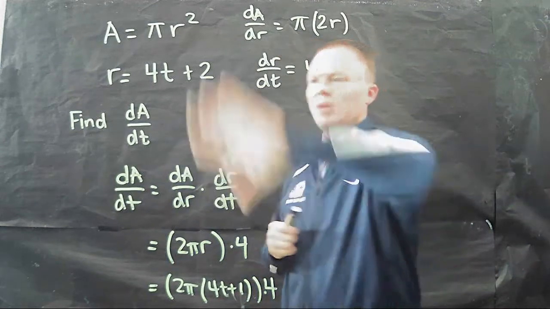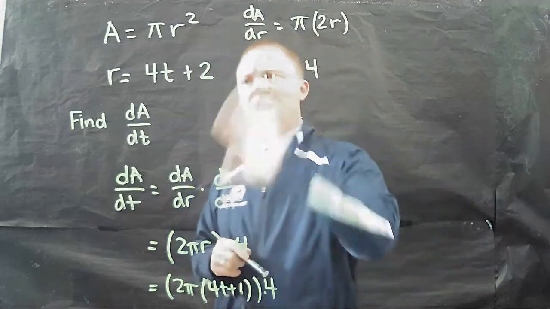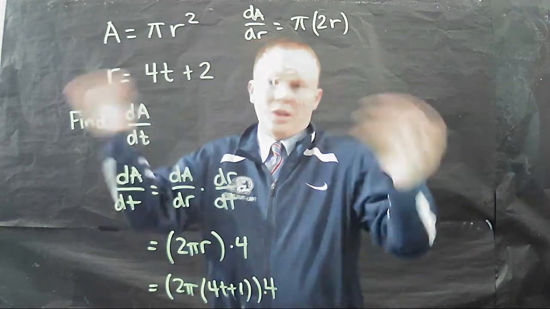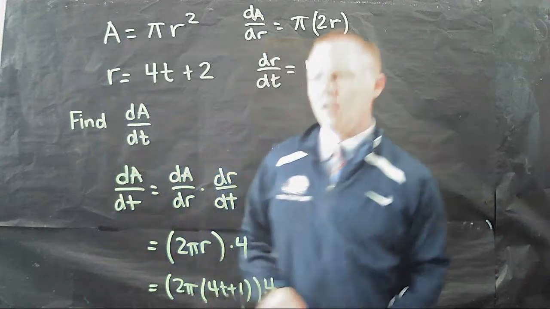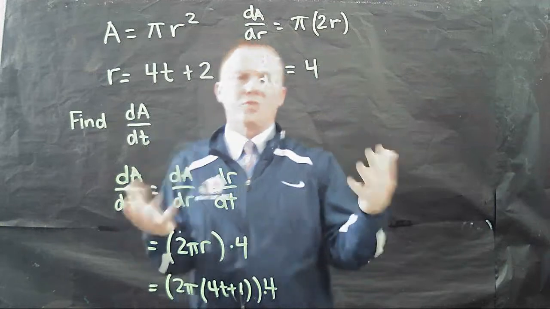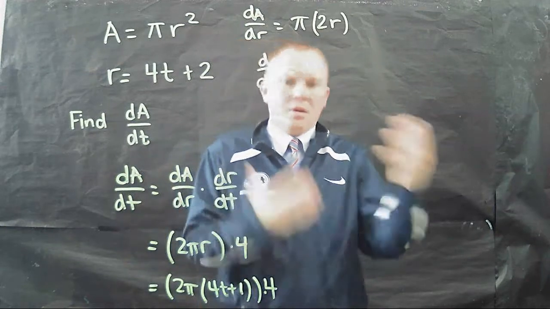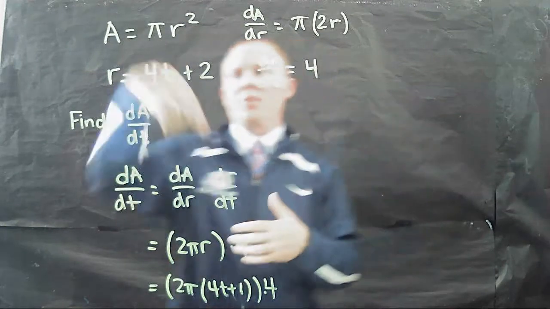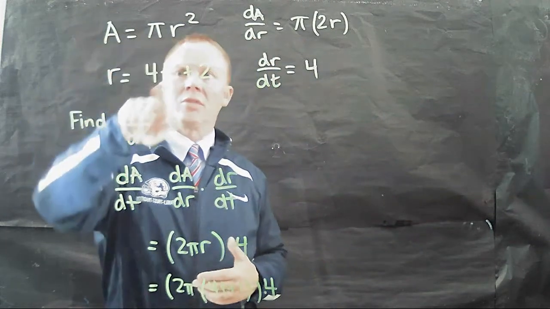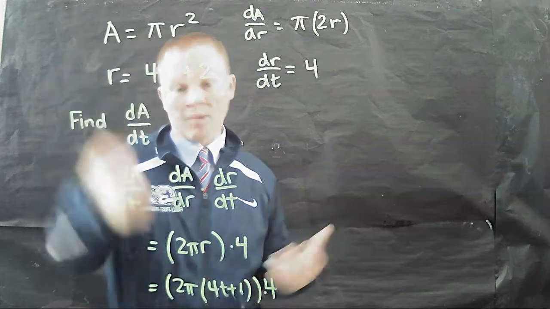I don't think you're going to have any problems like this right out of the gate, but I did want to at least front load this to you and let you see how the chain rule is useful when we're dealing with functions that are composed, but the variable might change. Like here, where you have area in terms of radius, but radius is in terms of t, or time.